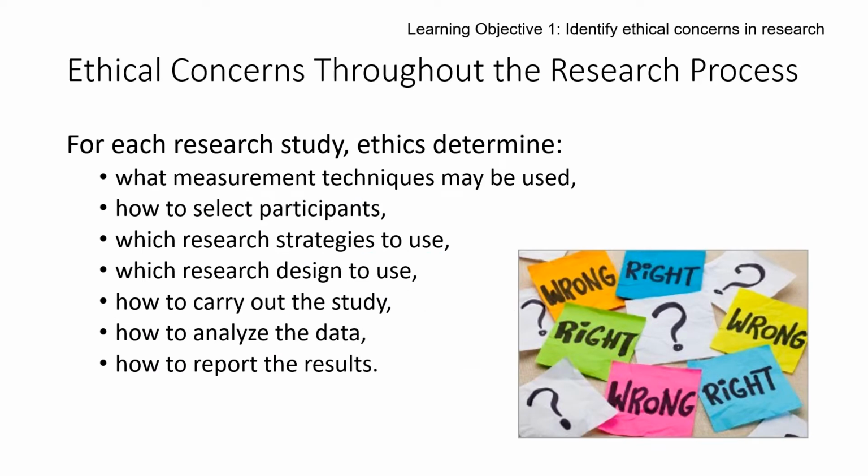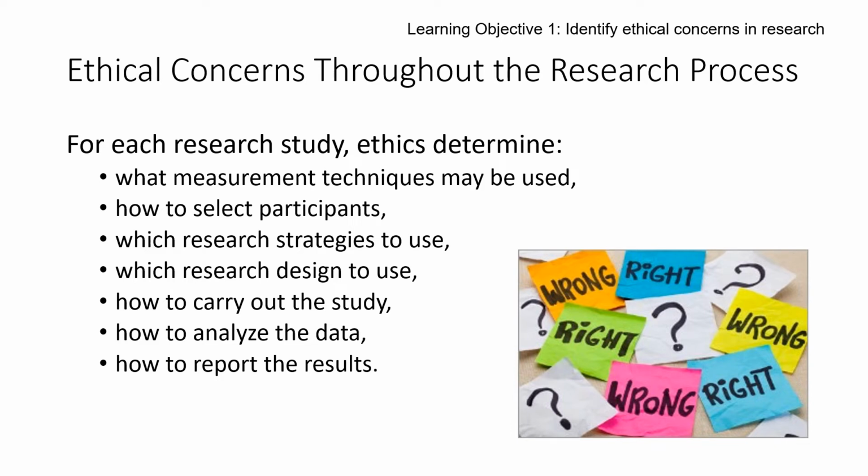Let's look at some ethical concerns throughout the research process, that gets us to our first learning objective. And our first learning objective is identify the ethical concerns in research. So there are a number of concerns to have, and each study is different, and each study is going to have its own basically analysis of the ethics and the ethics concerns.